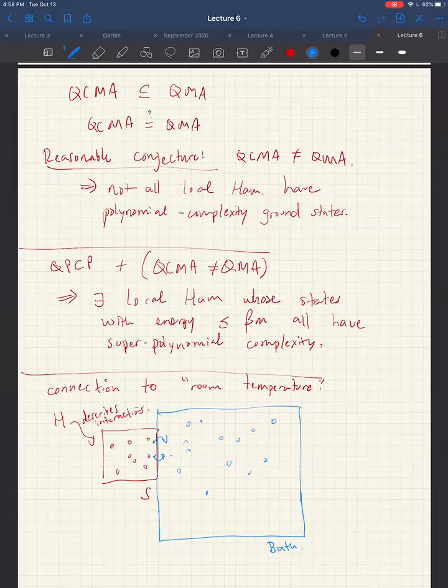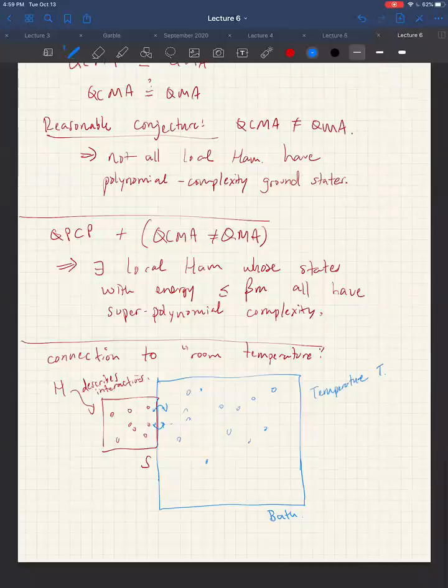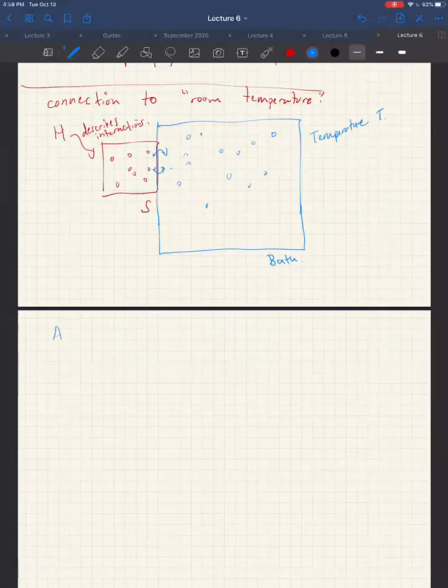This bath is at some temperature T. If you let these two systems interact and equilibrate, eventually both will be at temperature T. Then you can ask, what is the state of this system S? It'll be in something known as a Gibbs state, which represents the state of the system at thermal equilibrium.